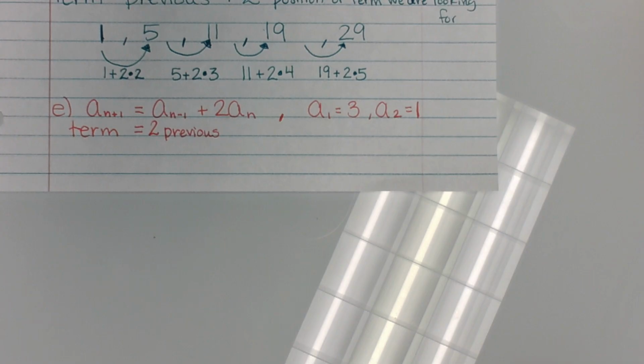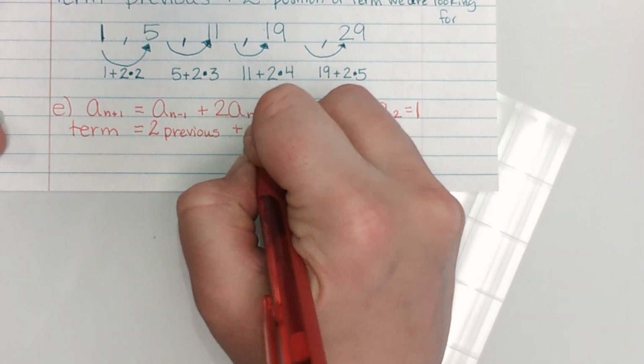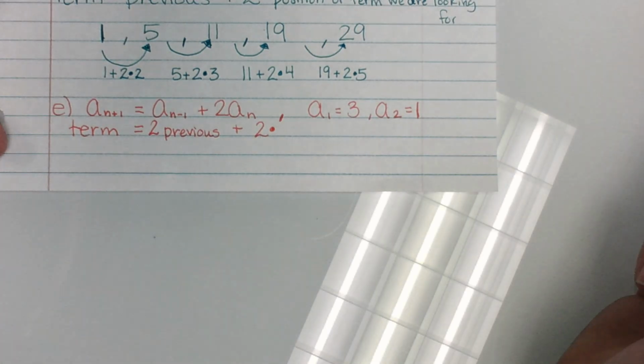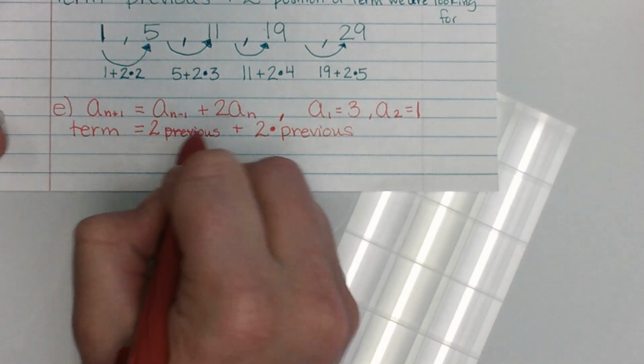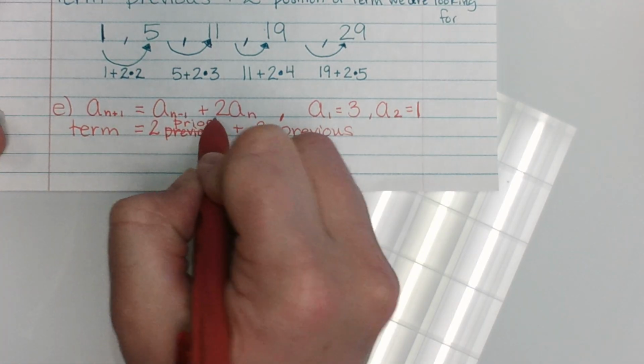N. What's 1 smaller than that? Essentially, I just looked, and if I subtract 1, I get to n. If I subtract 1 again, I get to here. I subtracted 1 twice. How do you change a plus 1 to a minus 1? You subtract it. I'm going to use the word prior for this one instead.